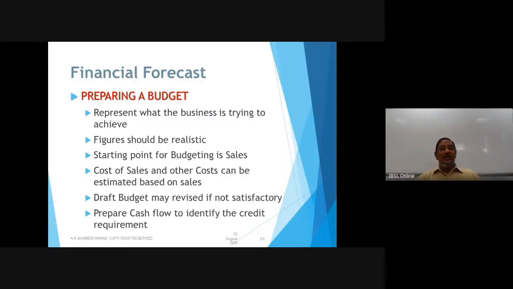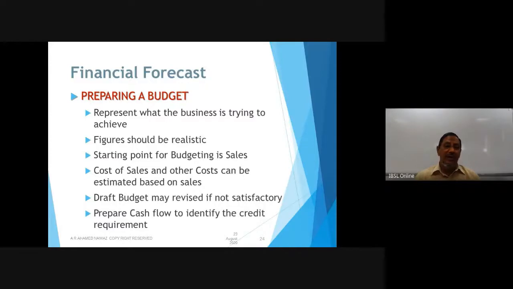Preparing a budget represents what the business is trying to achieve in the future, basically what the profit will be. The figures should be realistic. If the figures are not realistic, the answer will not be correct. This position sometimes may mislead us.